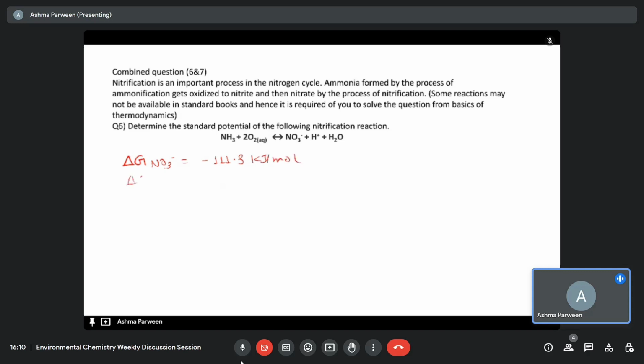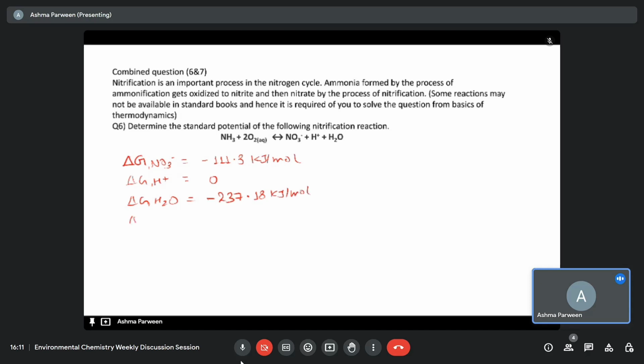Delta G naught of formation for H plus is 0. For H2O, it is minus 237.18 kilojoules per mole.